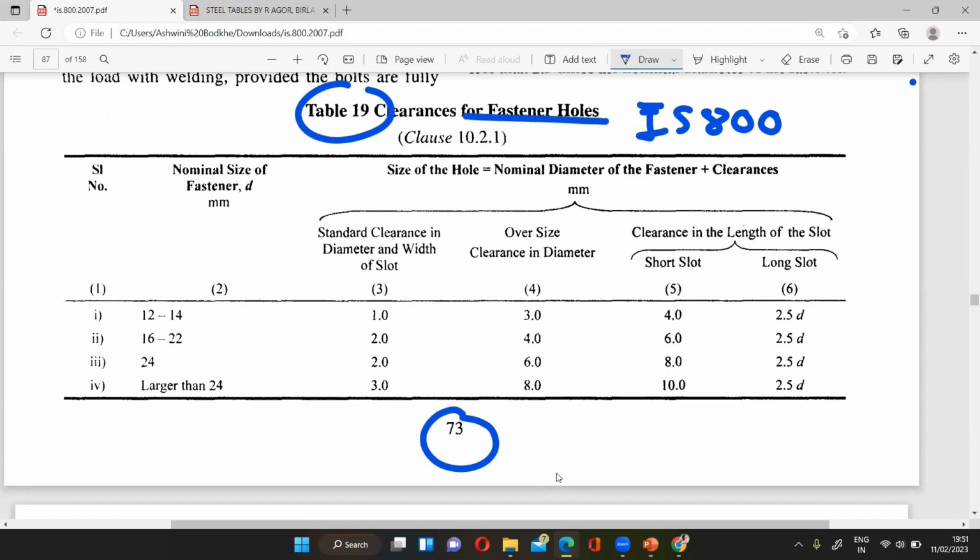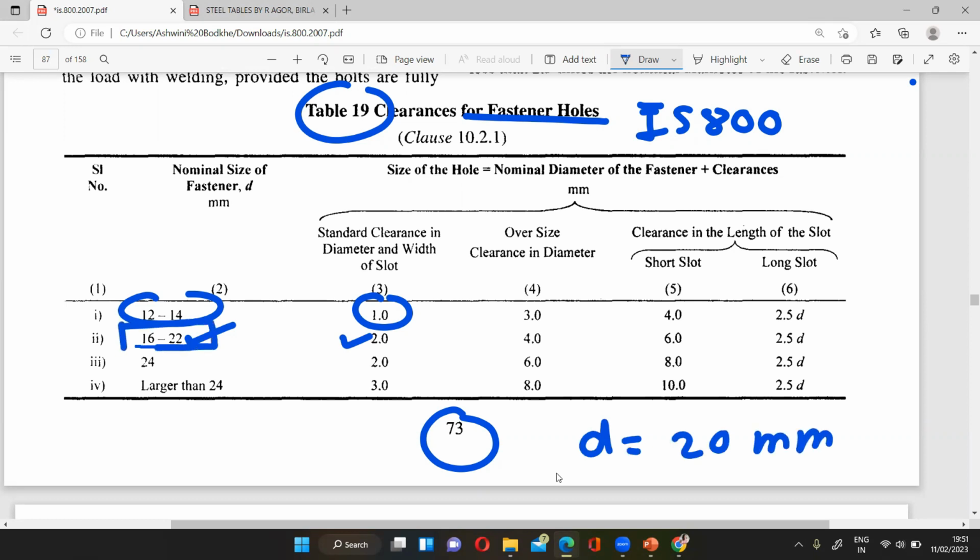If diameter is between 12 mm to 14 mm, then clearance is 1 mm. If diameter is between 16 to 22 mm, then we have to consider clearance 2 mm. In the given question, diameter is 20 mm. It means 20 mm lies between 16 and 22 mm. Therefore, we have to add clearance 2 mm.